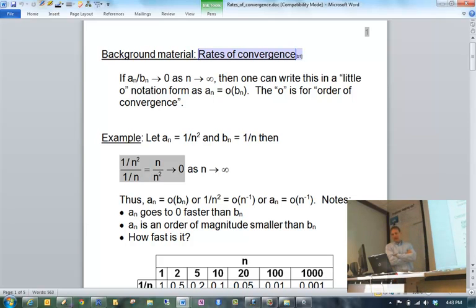I anticipate that some of you haven't seen it in a while, so that's why I purposely wrote up this set of notes. There's also some stuff here that you may not have seen before in terms of how this big O and little o notation is used in statistics.